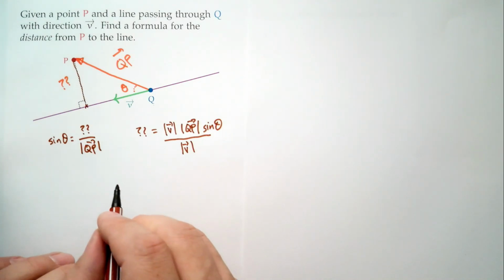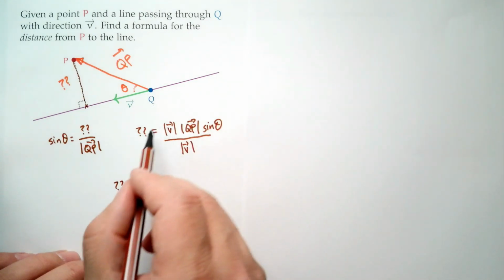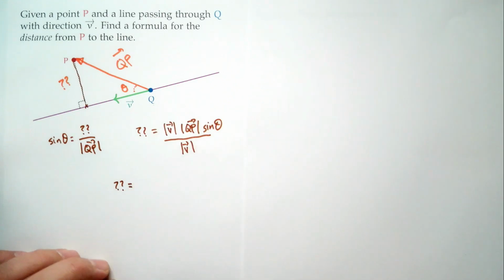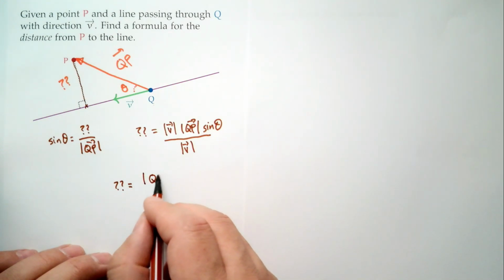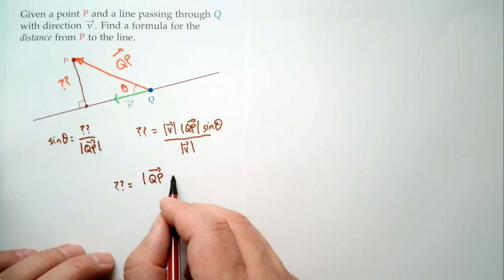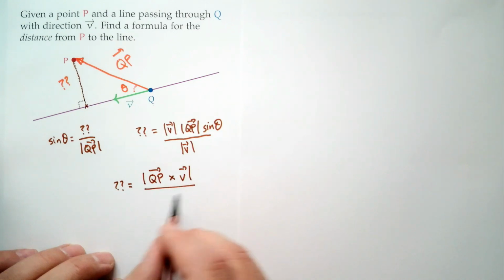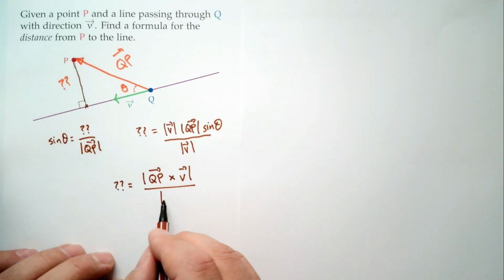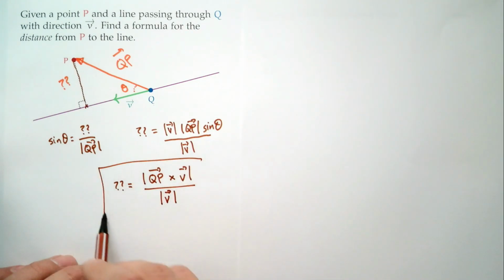Then what we see is the following. What we're looking for, this numerator here, that's the geometric interpretation of the cross product. In particular, it's the magnitude of the vector from Q to P cross with the vector V. And then downstairs, I have the magnitude of V. And that's it.